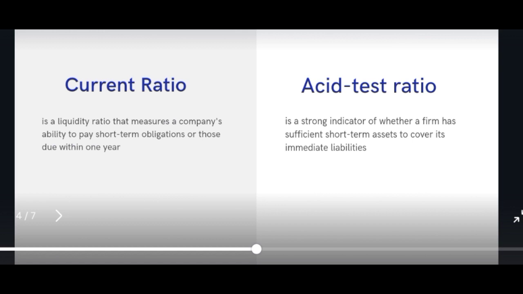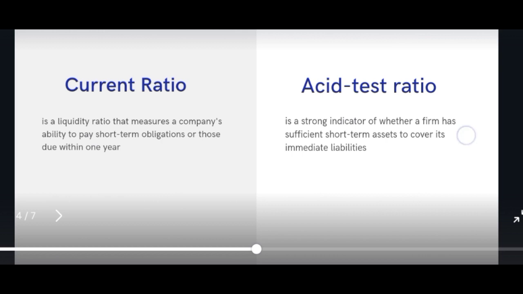So, next is the asset test ratio. It is a strong indicator of whether a firm has sufficient short-term assets to cover its immediate liabilities. So, dito naman sa asset test ratio, sa asset test ratio naman po ay kung sapat ba ang ating mga assets para mabayaran yung ating mga liabilities.